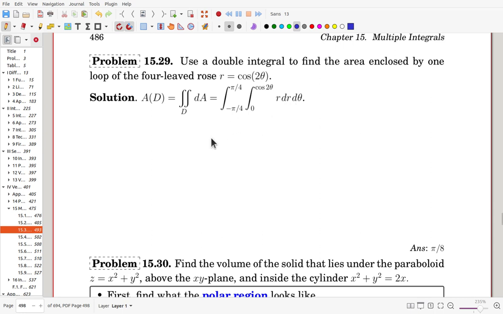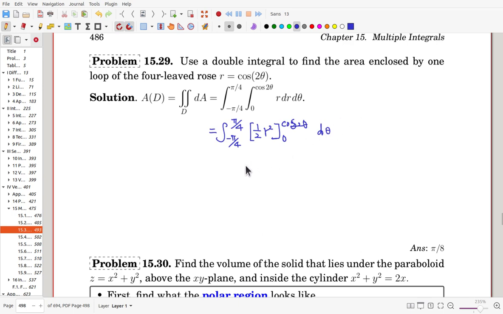Now, the remainder part is just a simple calculation. Okay, that is the same as the integral from minus pi over 4 to pi over 4. That one, the antiderivative is half R squared, and R is moving from 0 to cosine 2 theta, and d theta. Right?